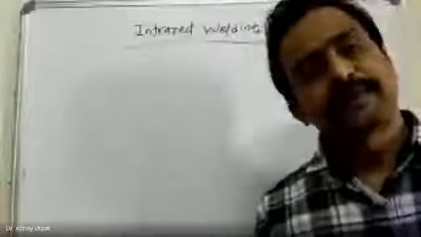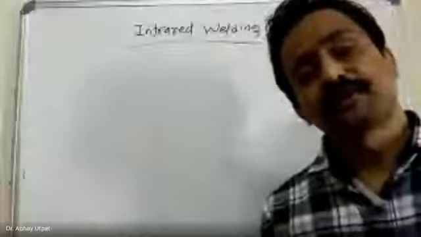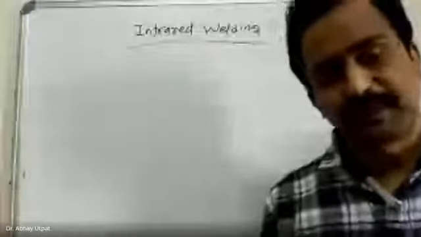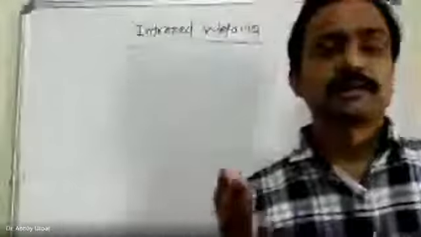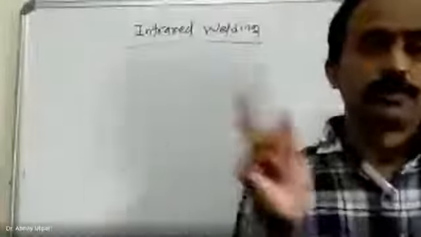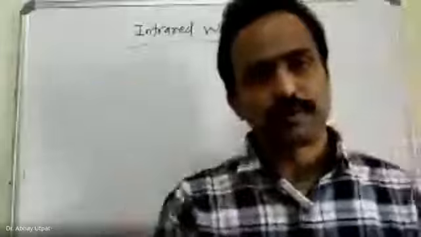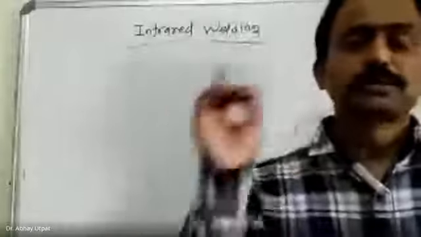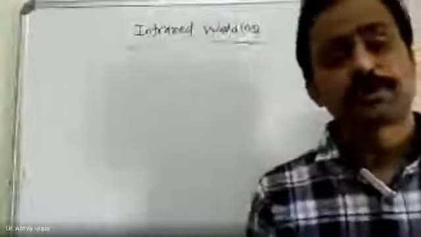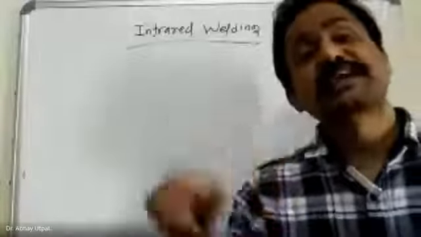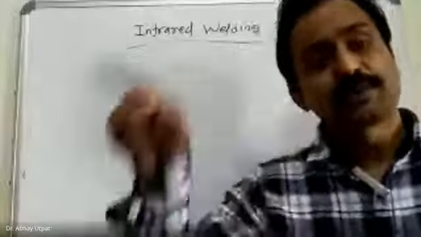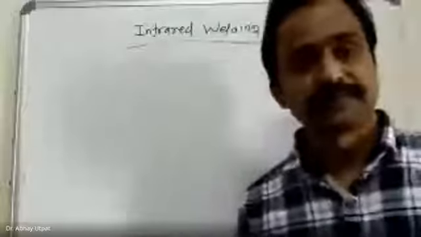In case of hot gas or hot air, the source of heat was hot air or hot gas. In case of heated tool welding, the source of heat was the heated tool. In nuclear welding, the source of heat was bombardment of neutrons. In high frequency induction welding, the source of heat was the inserts or metallic particles which get heated because of the induction field.